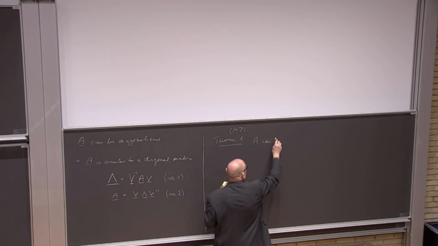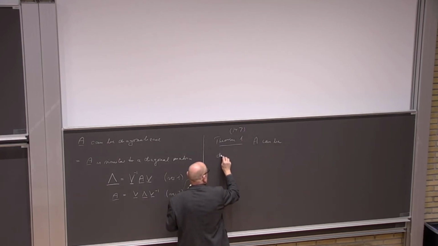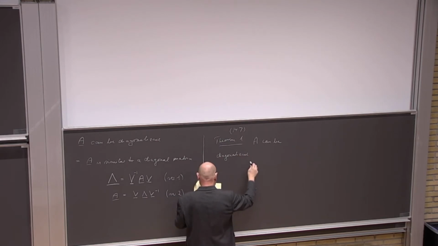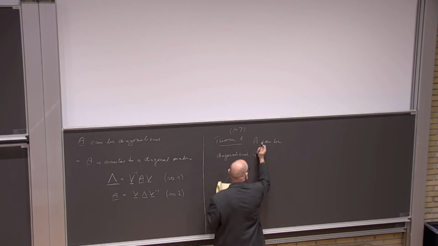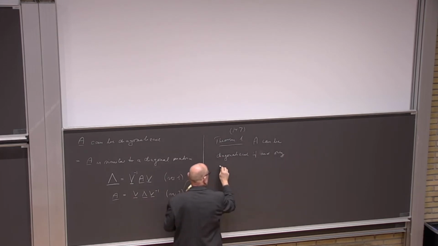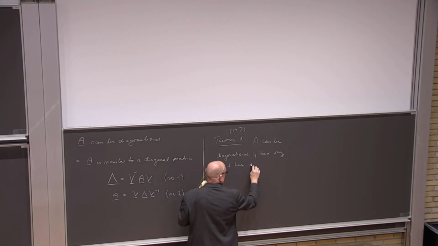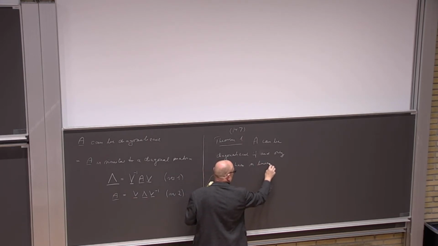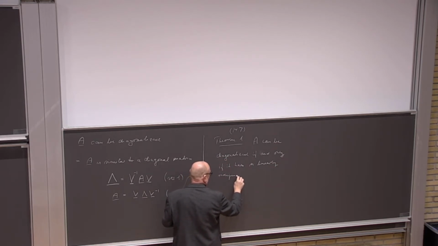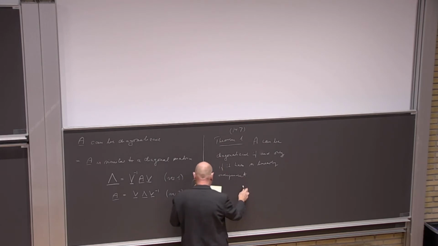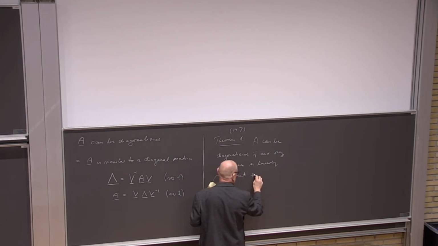A can be diagonalized if and only if it has n linearly independent eigenvectors.